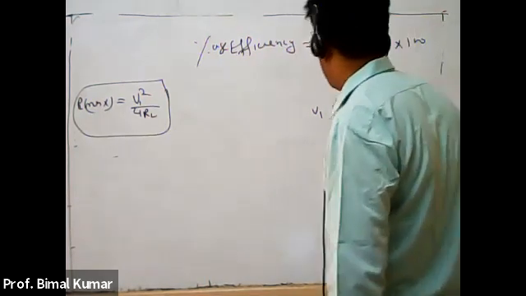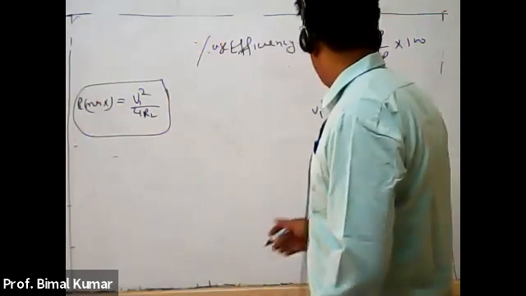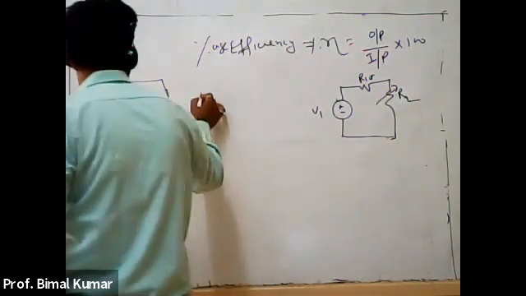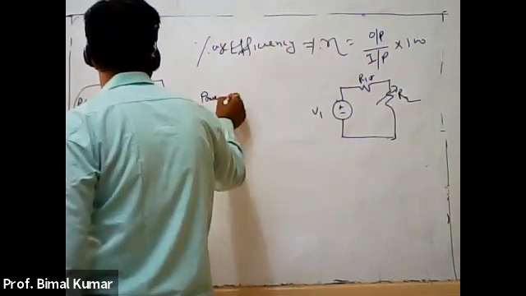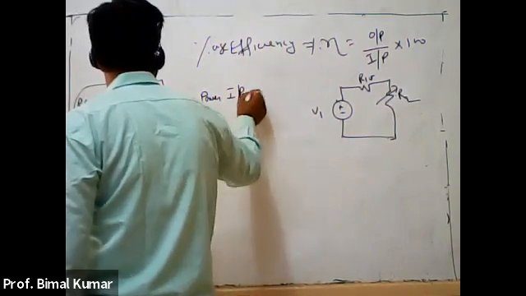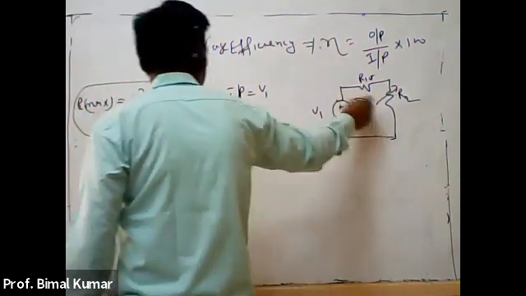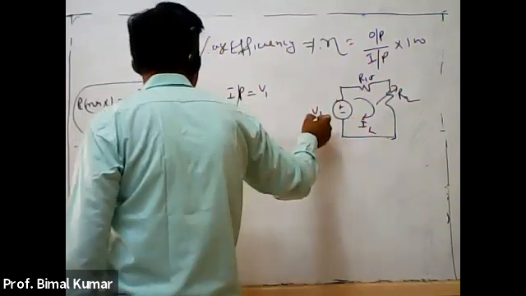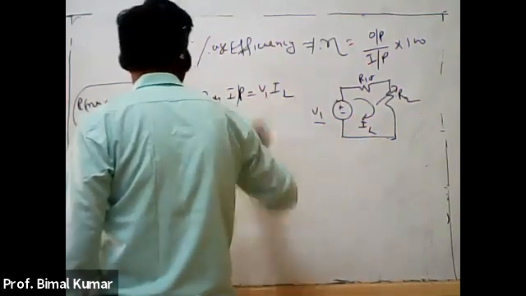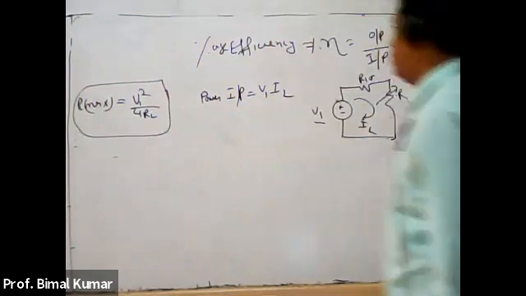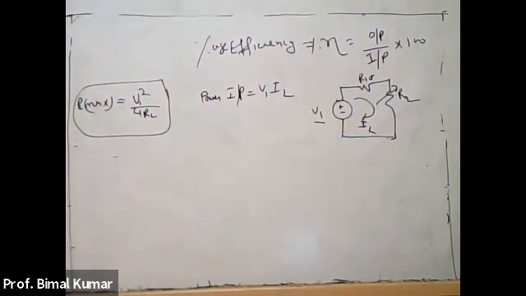So here, what is the power input? Power input will be equal to V into I. So V is V1, I is IL, right? V1 into IL.